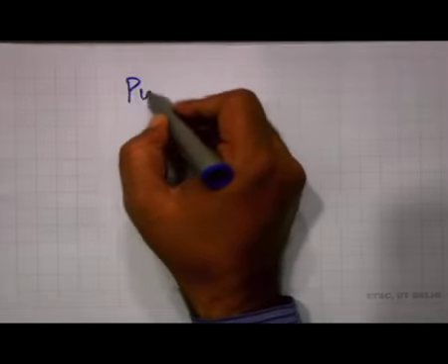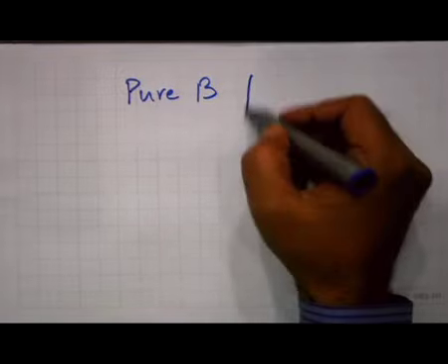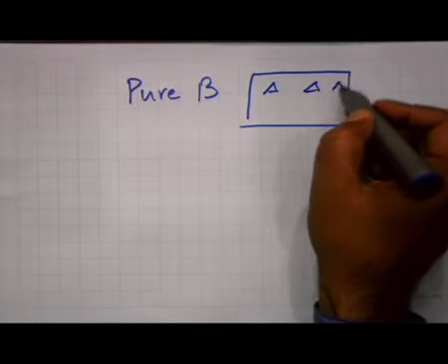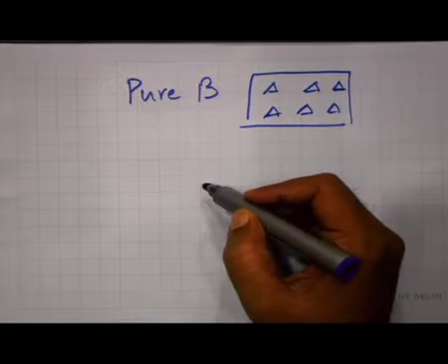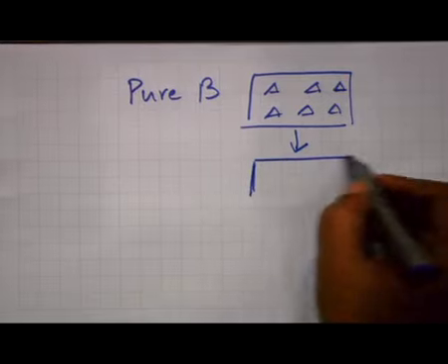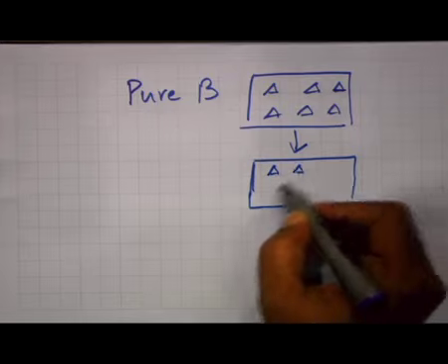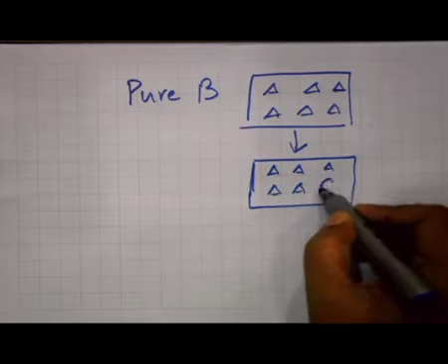Now, what happens if I start with pure B? In that case again there will be some time at which only one product has gone to reactant.